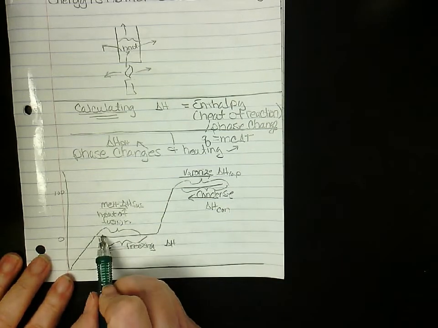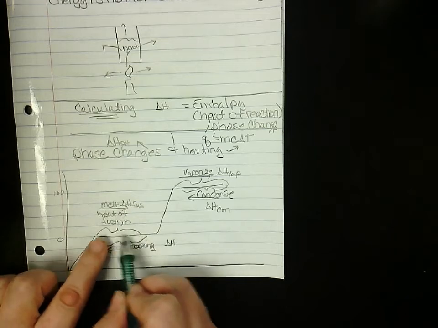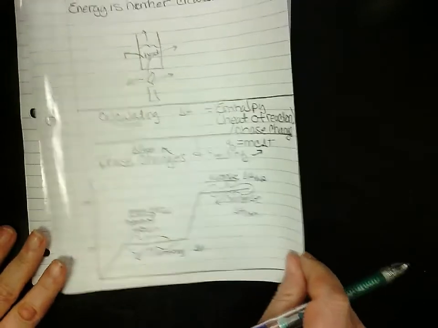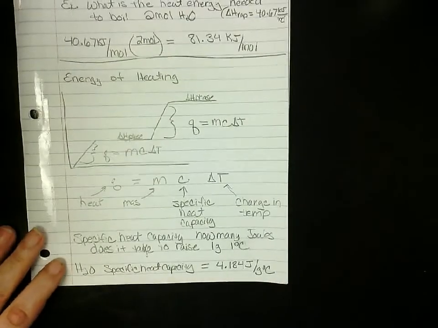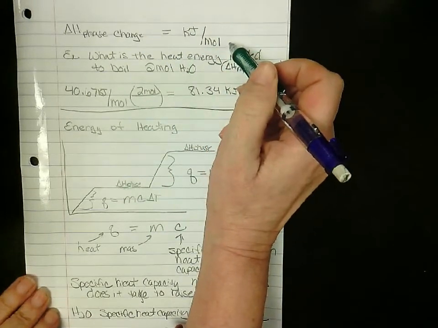And so I can calculate how much heat energy I have to put in to melt a certain amount of ice. Okay, now our phase change delta H's are in kilojoules per mole.